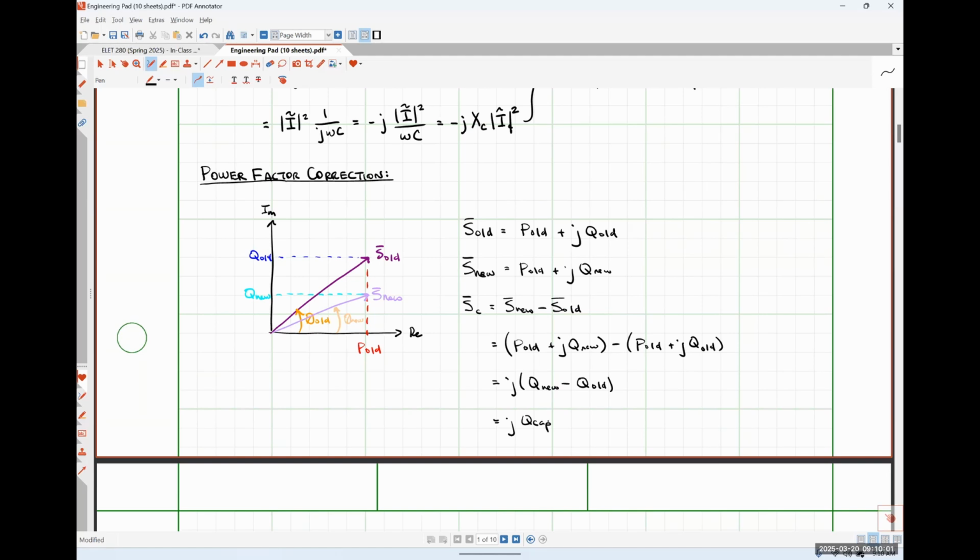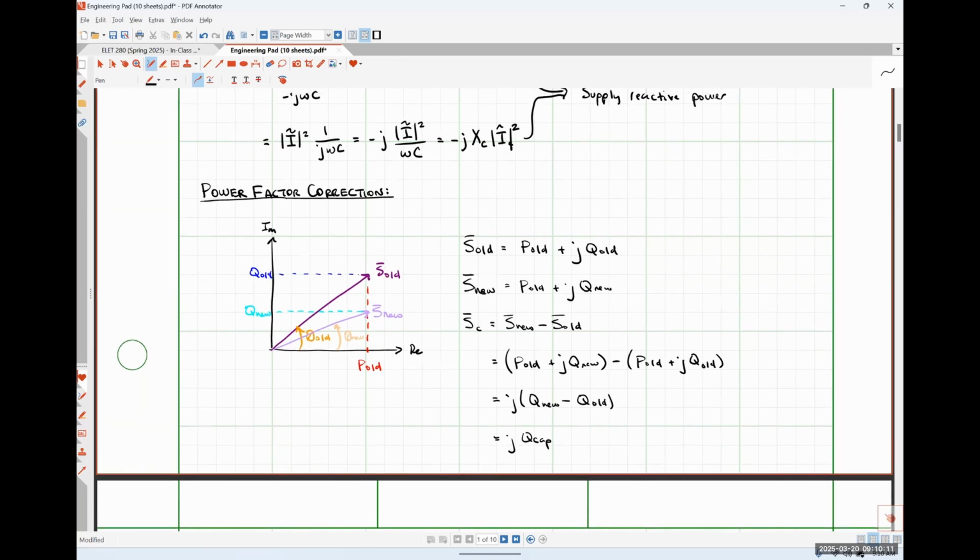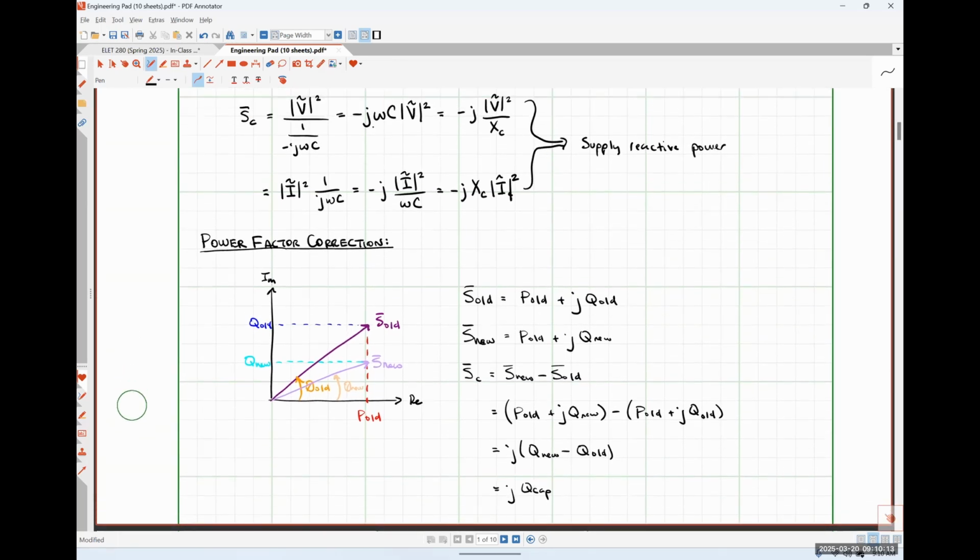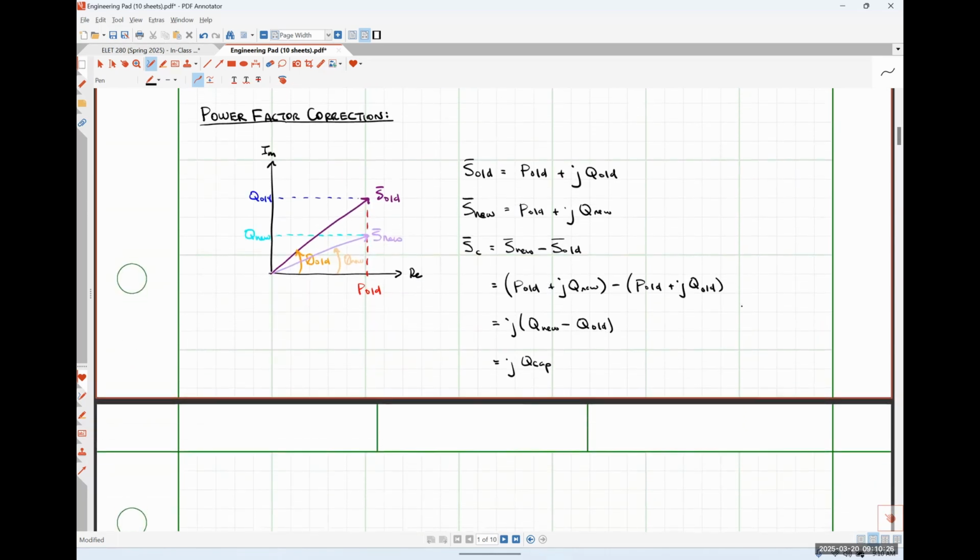So we have this relationship for the complex power absorbed by our capacitors. When we were investigating those alternative relationships, and we have them literally right here, I can see that the complex power absorbed by a capacitor can also be written as negative j omega C times the magnitude of my voltage squared. And so if I put those together and rearrange, I can solve for the value of the capacitor that will allow me to hit some target power factor correction goal.